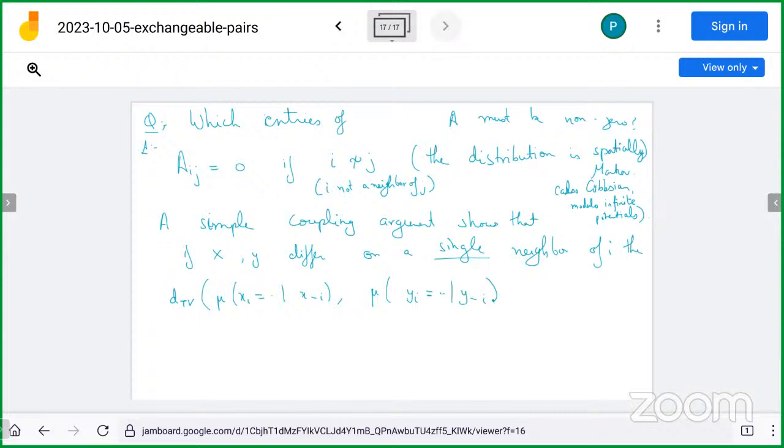So everyone gets this argument, right? Because we have produced a coupling in which the probability of them being different is exactly this. Therefore, the total variation distance is also bounded by it. In fact, in this case, this is correct. It is either 0, if there is one neighbor which is 1 on both sides and forces both of them to 0, or otherwise this is direct. So it's correct, equality also.